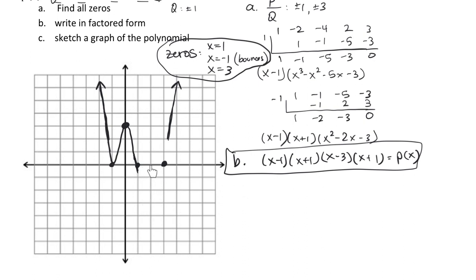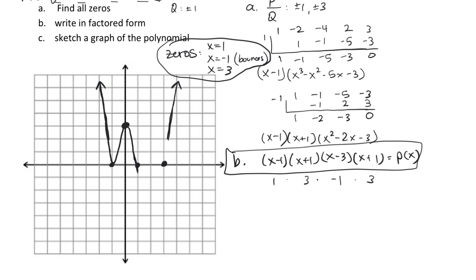So we need to plug 2 in for all the x variables. And you can do it in the factored form or the general form. I'm going to do it here in the factored form. 2 minus 1 is 1. 2 plus 1 is 3. 2 minus 3 is negative 1. And then 2 plus 1 is 3. And these multiply.